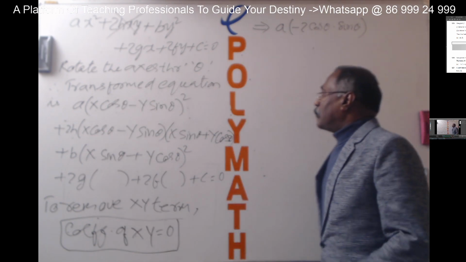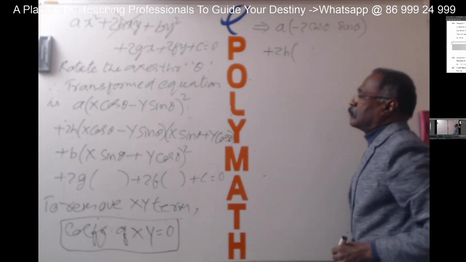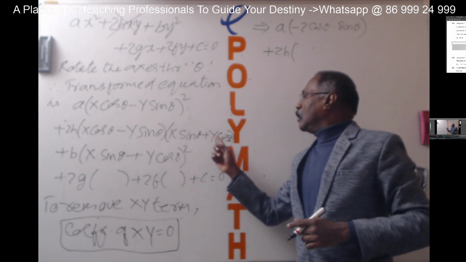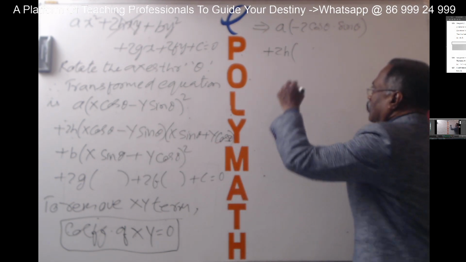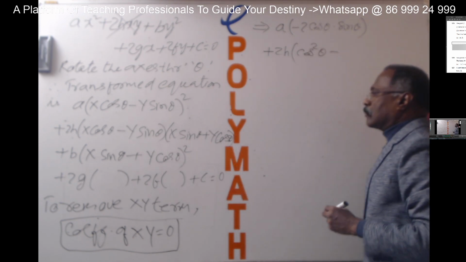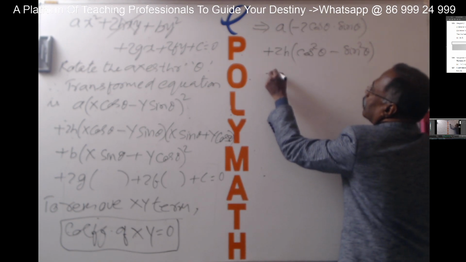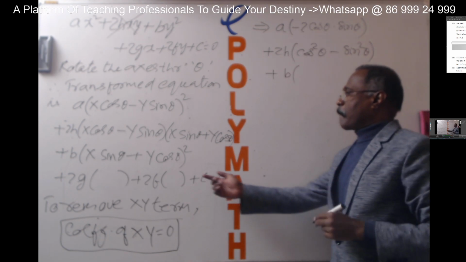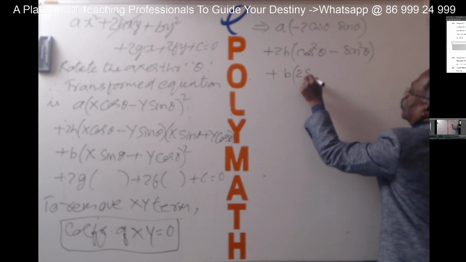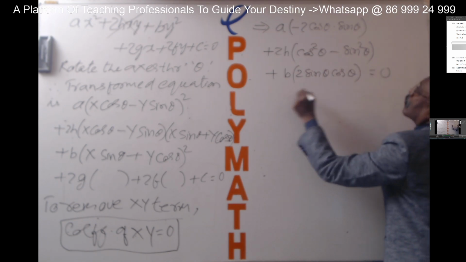Coming to this, plus 2h into this is xy. xy here, cos theta into cos theta, cos square theta, sin theta into sin theta, minus sin square theta, plus b into this one, 2xy sin theta cos theta, nothing but 2 sin theta cos theta, must be equal to 0.